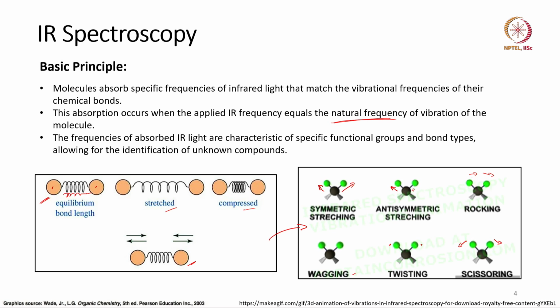All these kinds of vibrations are possible in molecules, and based on that we have a technique called IR spectroscopy, which can detect what molecules are present depending on the type of vibration they show.